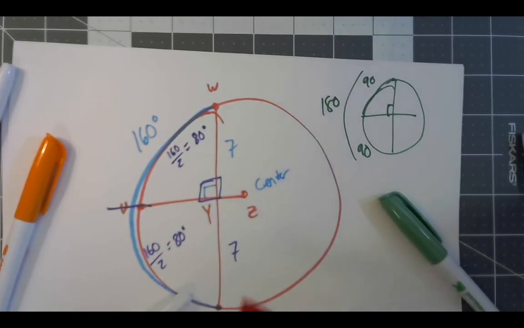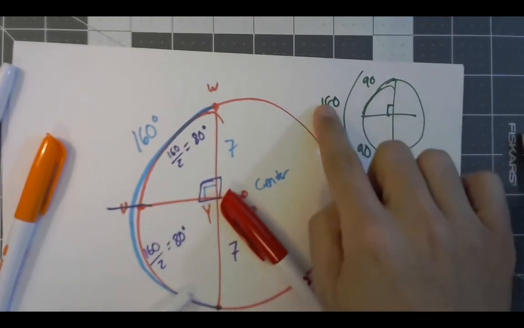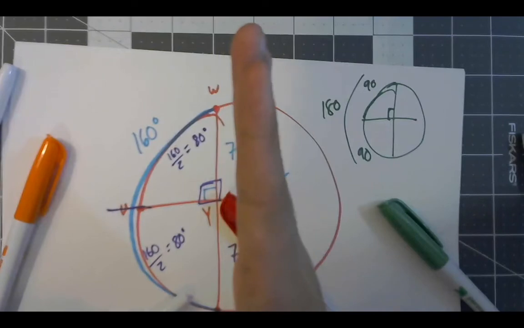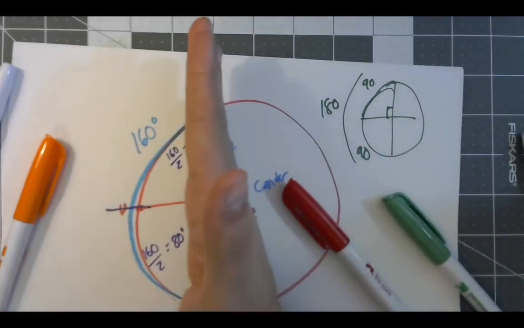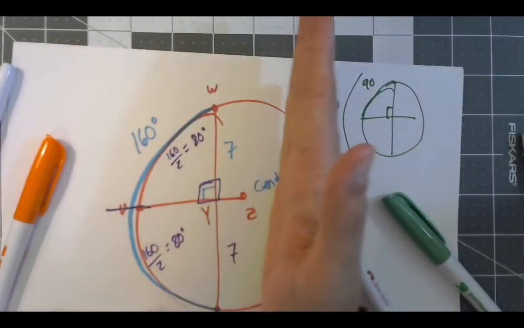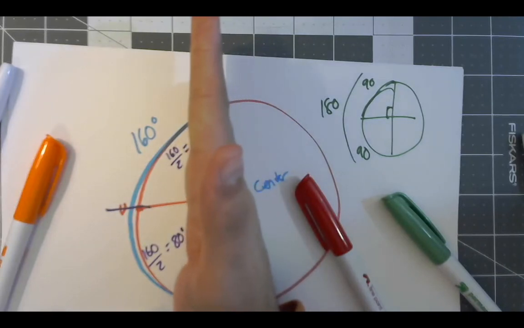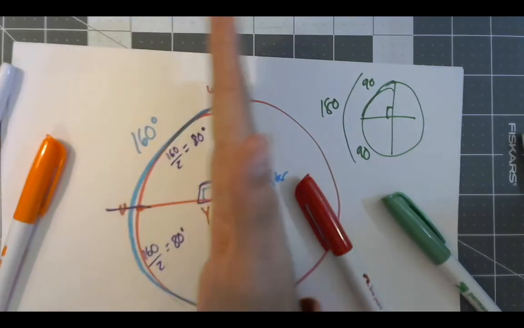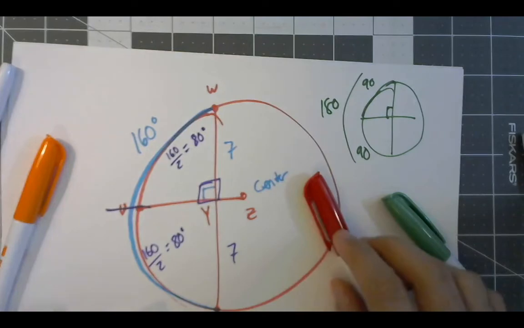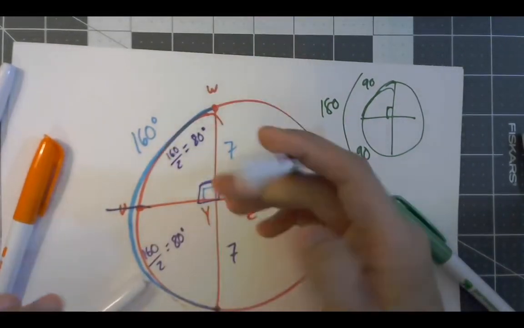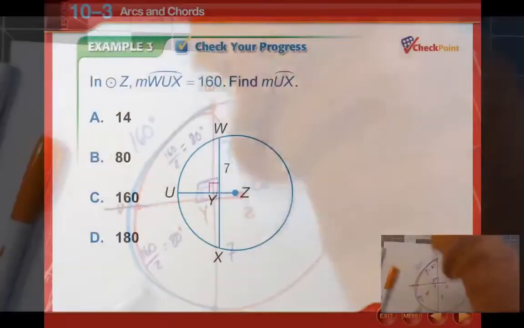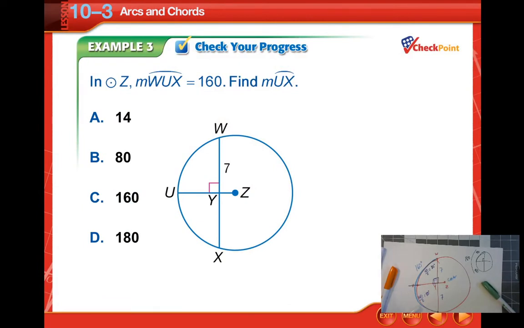What we're changing is the number over here, because if we move it closer, we're cutting off more and more of the circle. So this is less than 180, and this would be more than 180. That's how we knew to take 160 and cut it in half. So we look at our answers. Hey, we have 80 as one of our options. Great, we'll pick that.